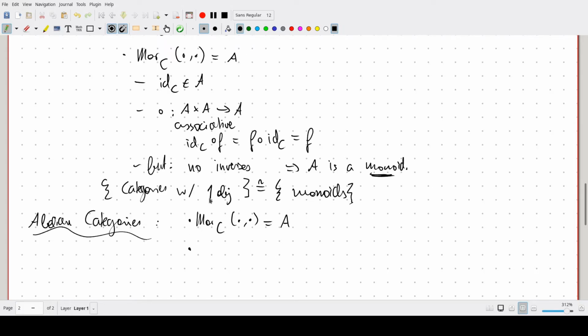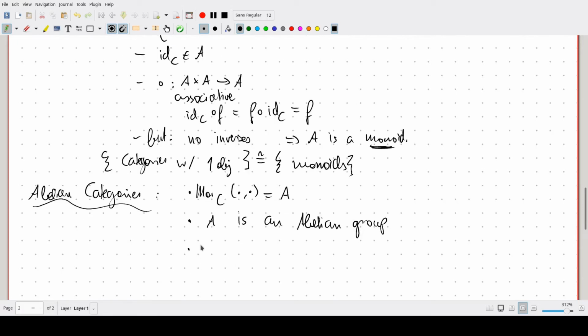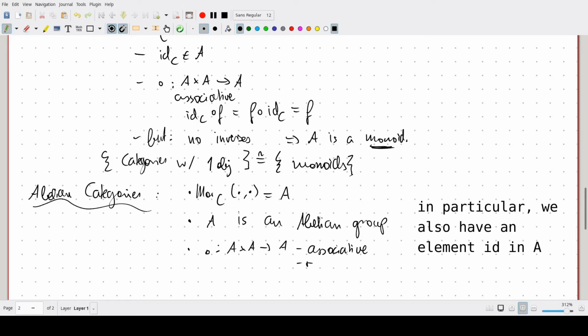Well, firstly, since it's an abelian category, A is an abelian group. But secondly, we have an operation, again the composition, from A cross A to A, which is associative. It respects the identity.